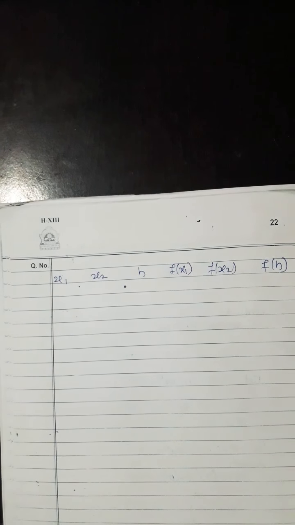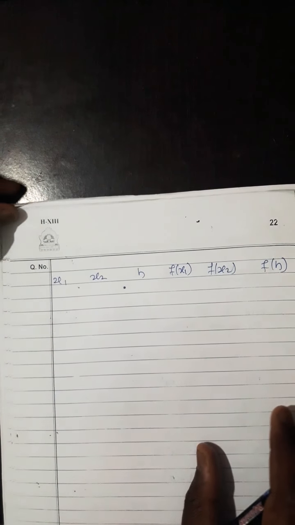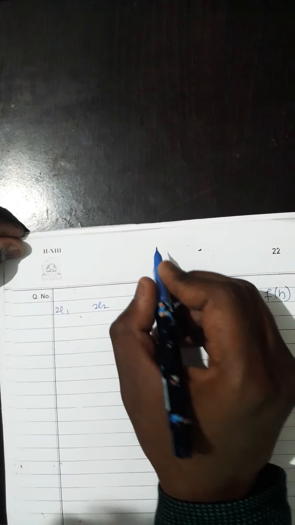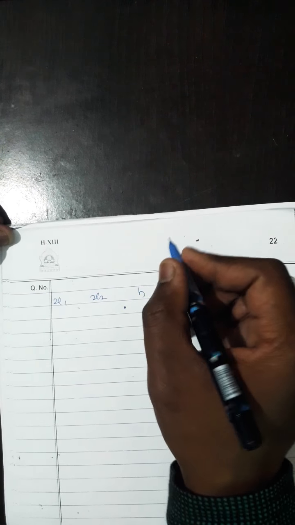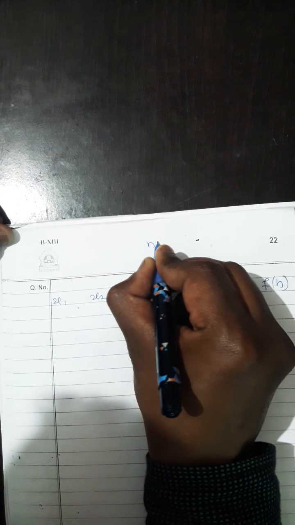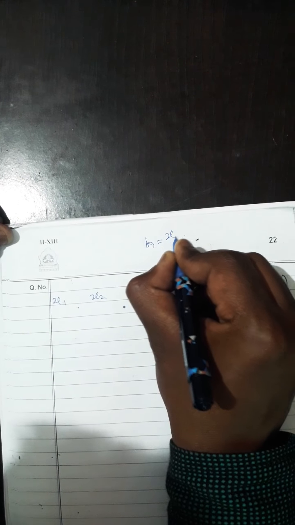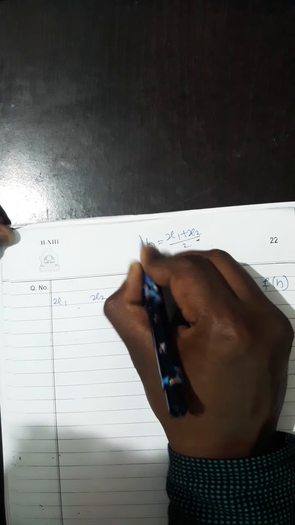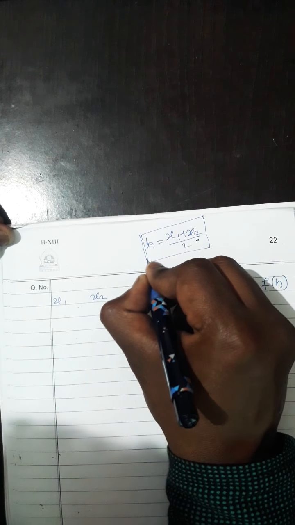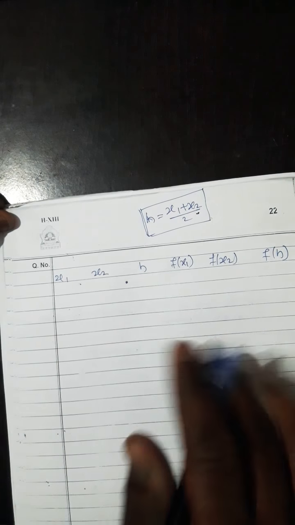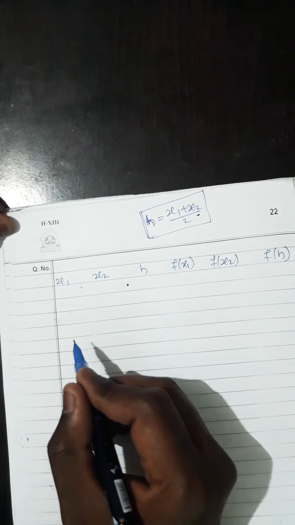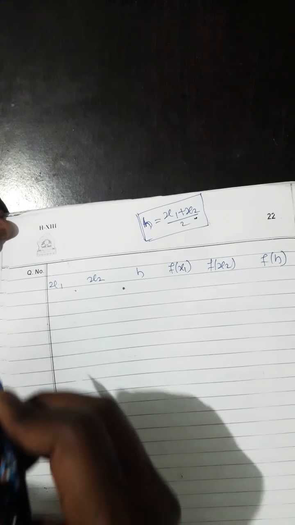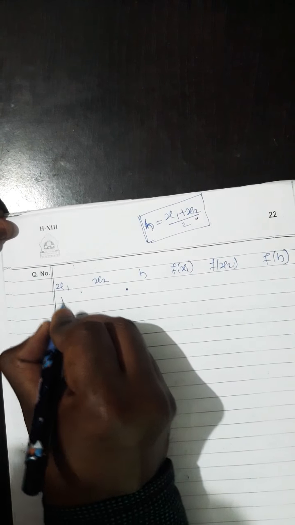As in the last video we discussed how to find h, the formula for the bisection method: h is equal to x1 plus x2 upon 2.